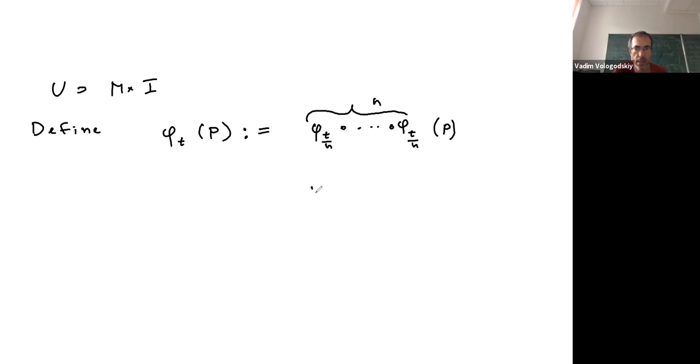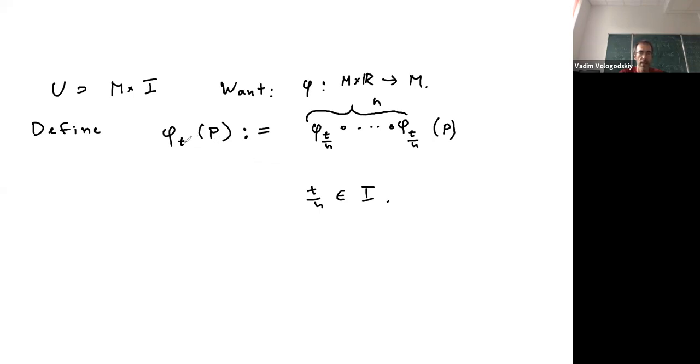So here t over n is in I. My goal is to show that this phi, which is defined already on U, can be extended to a map from M times R to M. Here is how I'm going to do this.